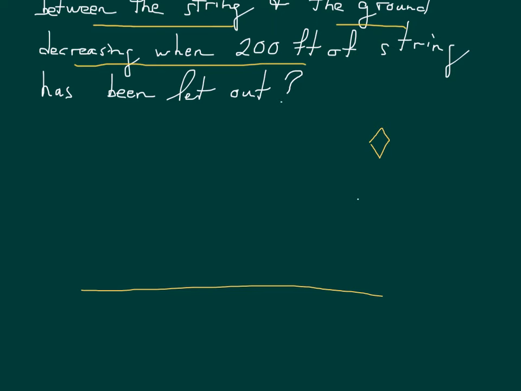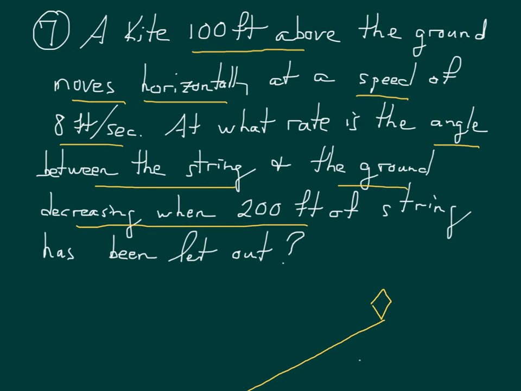And let's say that the kite flyer is sitting here, and here we have the string. All right, so there's our string, and what do we know? The kite is sitting 100 feet above the ground, and it's moving horizontally at a speed of 8 feet per second.